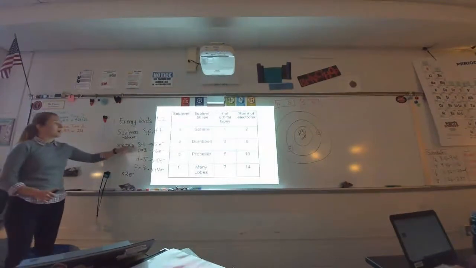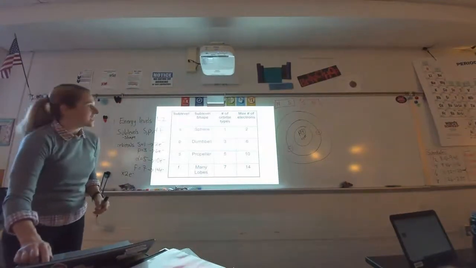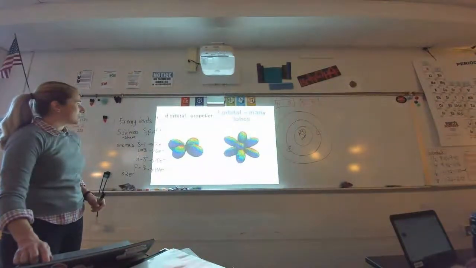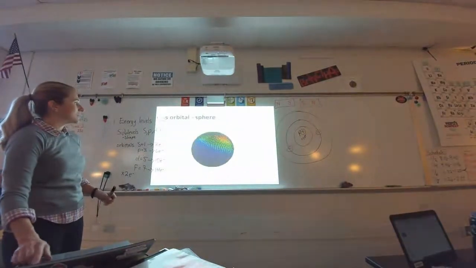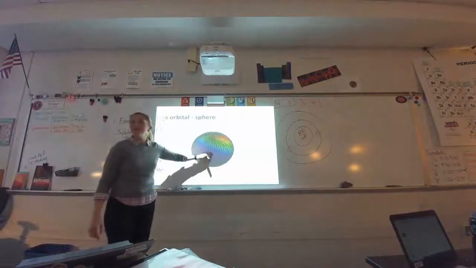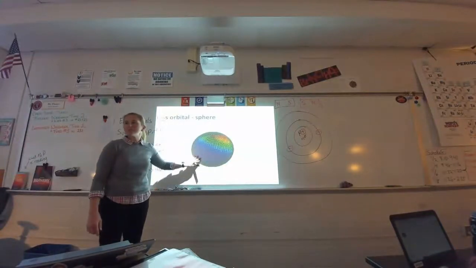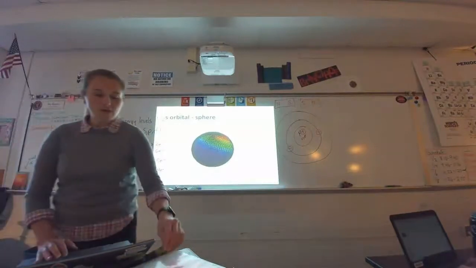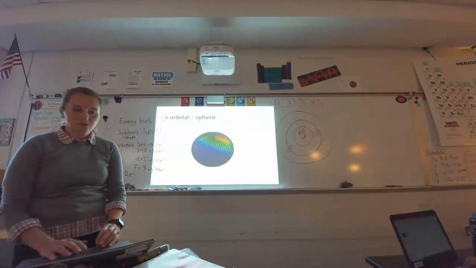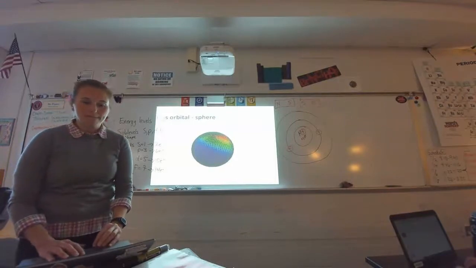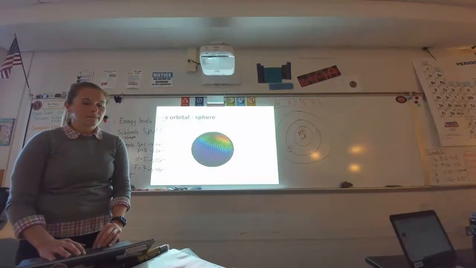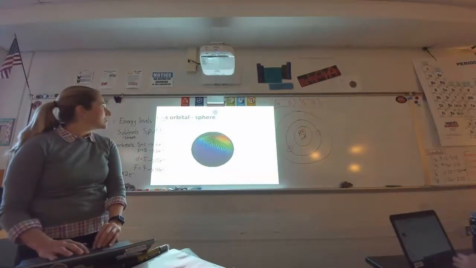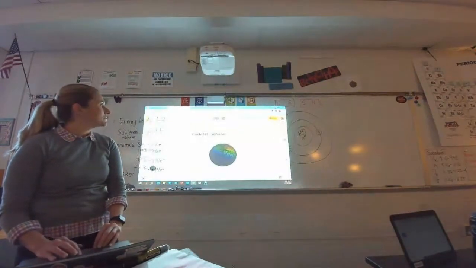The orbital is how many we have within it. So if we go back, this is a great example. S, spheres, that's what they look like. But actually, let me find a better picture than what I'm drawing.